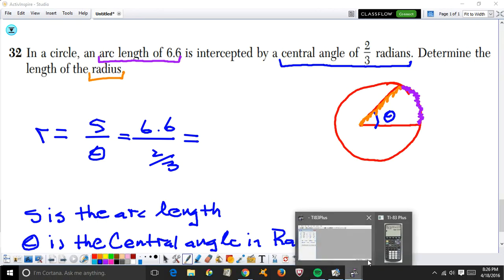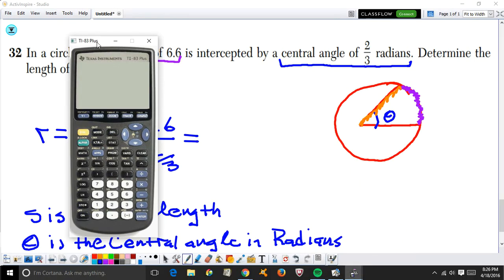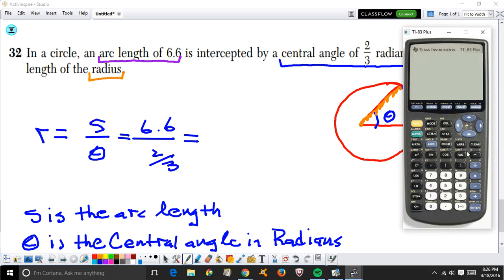So we find that out using our calculator. We get that we have an answer of 9.9.